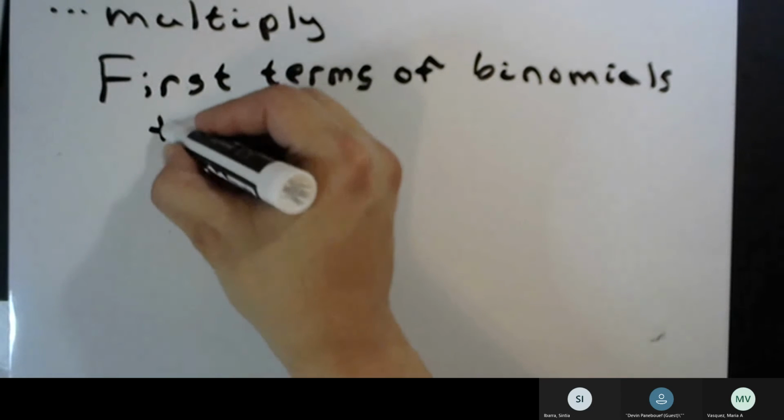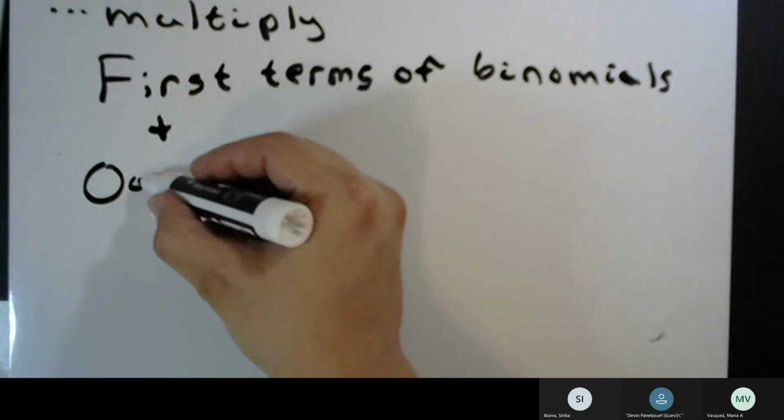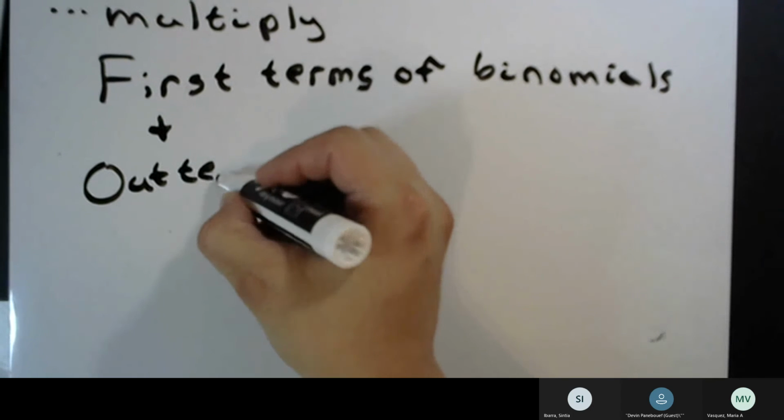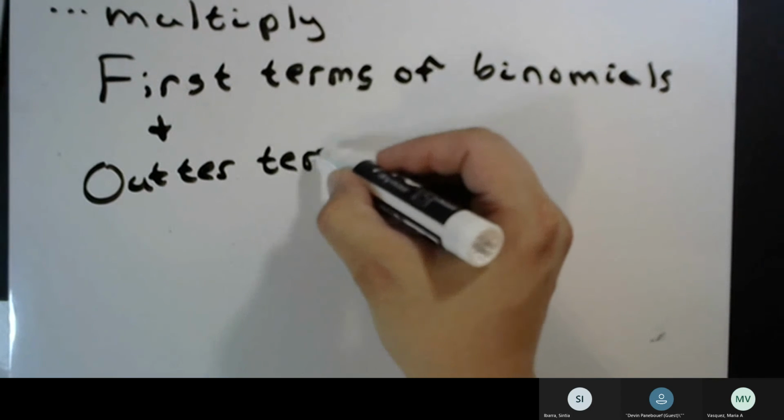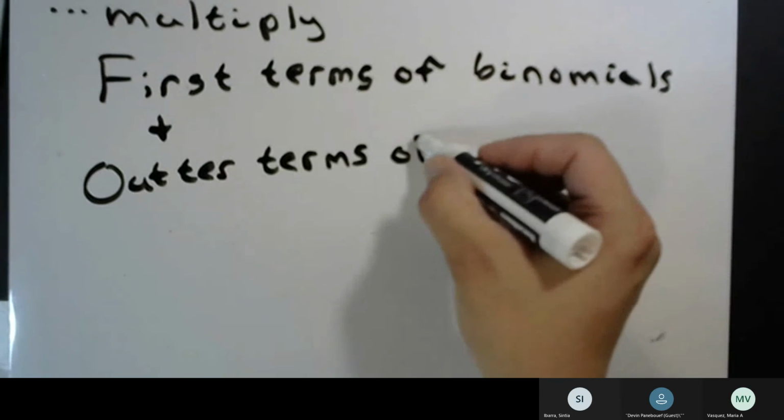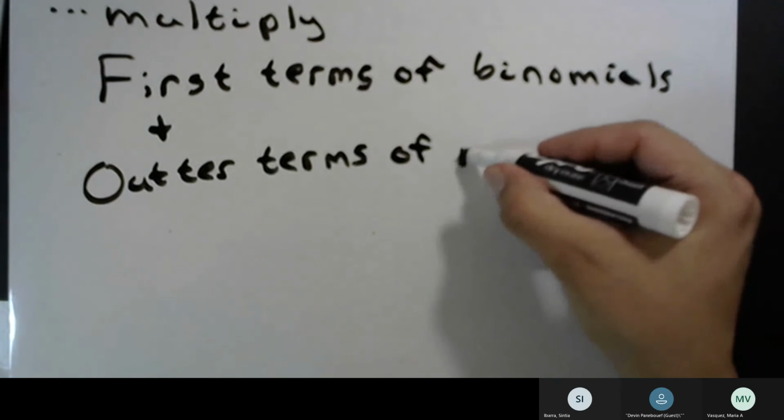And then we'll add to that the product of the outer terms of the entire multiplication.